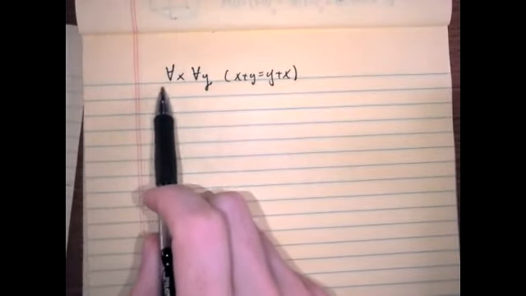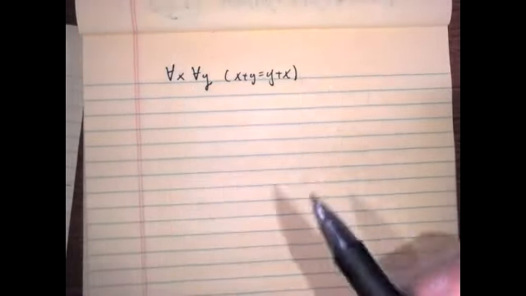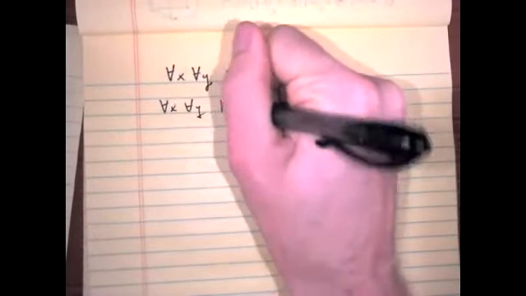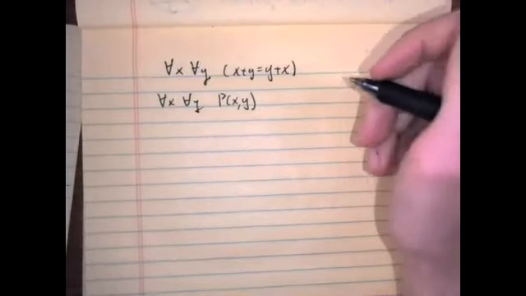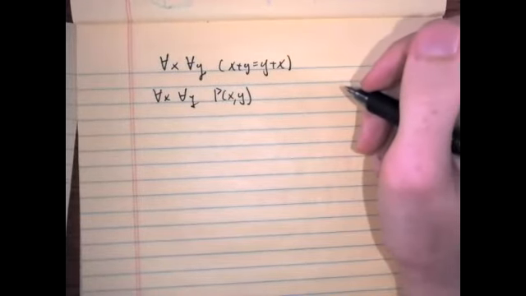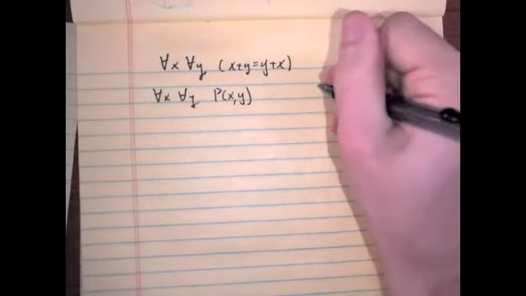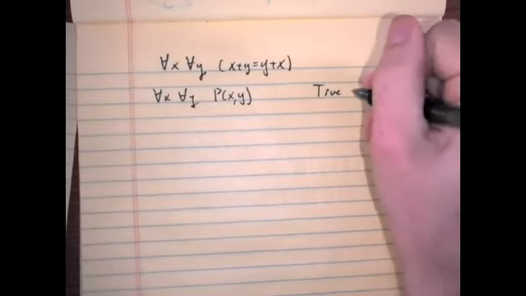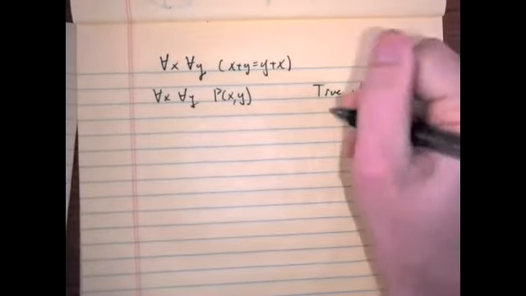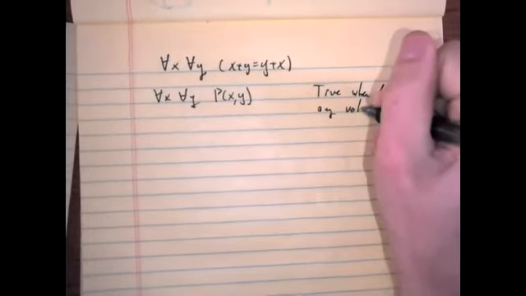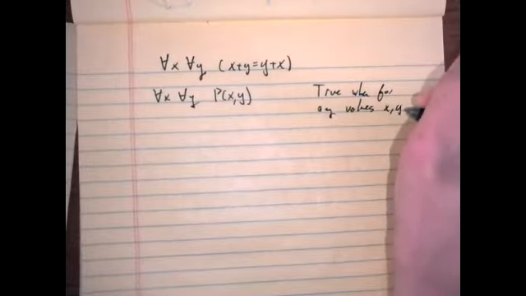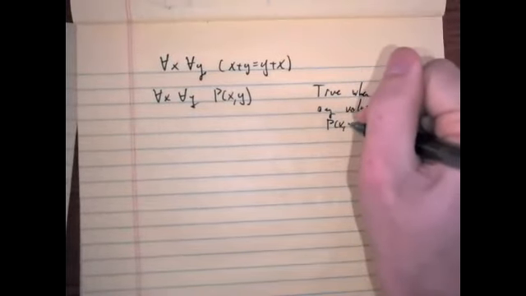Okay, so the easy ones are the for all x and for all y propositions. So maybe I should write: for all x and for all y, p of xy. This is the assertion that it is true when for any values x and y, p of xy is true.